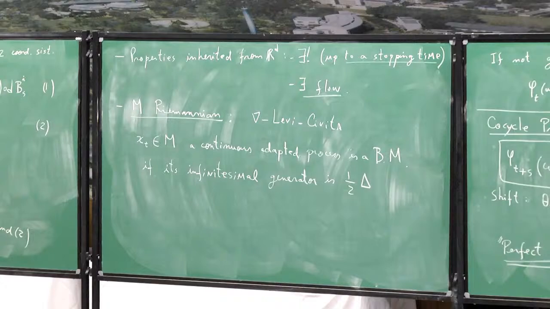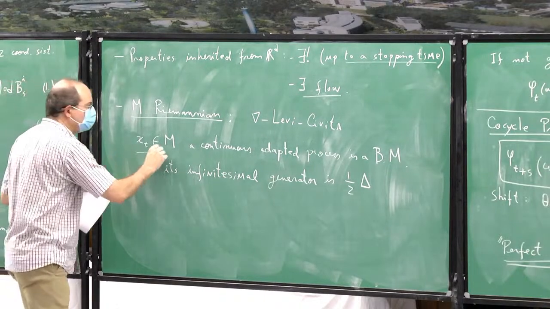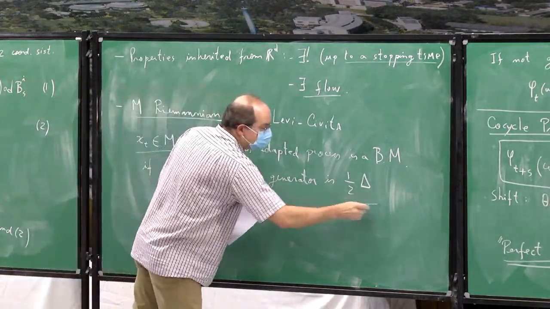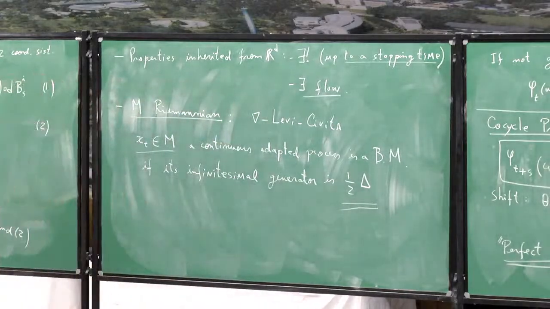So Brownian motion on Riemannian manifolds carries information on the geometry, thanks to the existence of the Laplacian there.